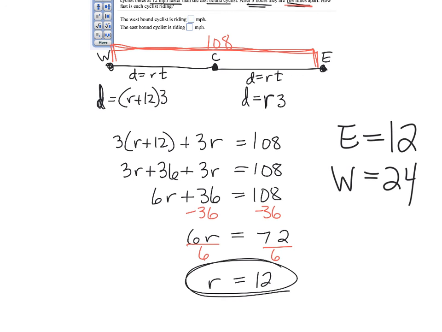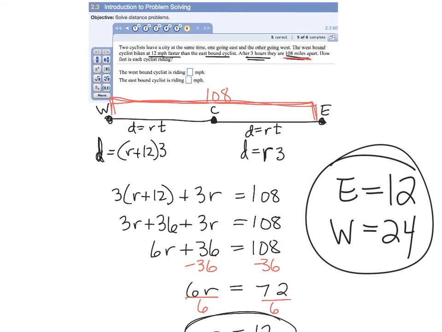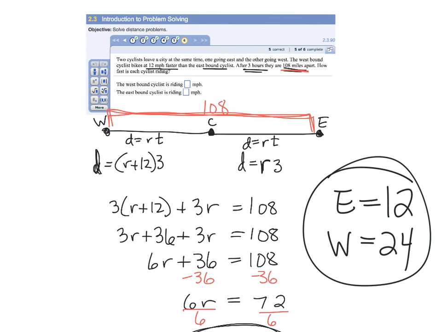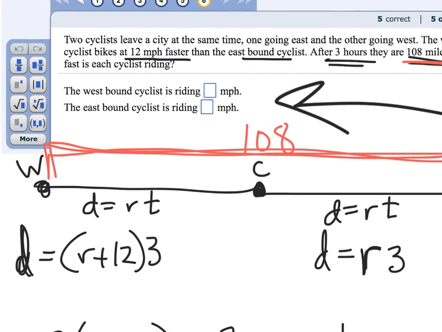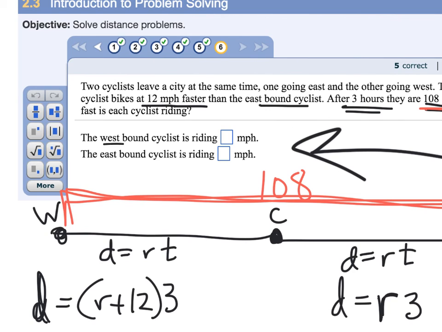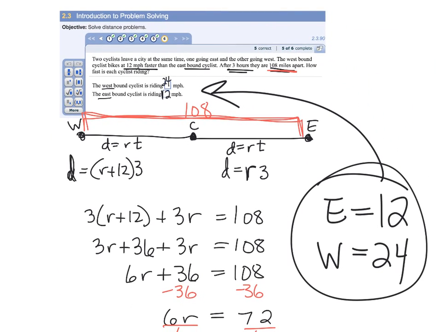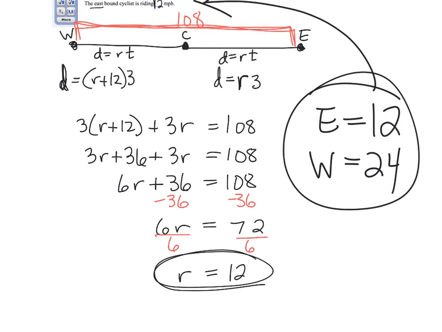So eastbound is 12, westbound is 24 miles per hour. And so you got to be careful to put your answers in the proper order. In my case, it says you're supposed to enter the westbound first, so that would be 24, and then the eastbound is 12. And that wraps up this video.